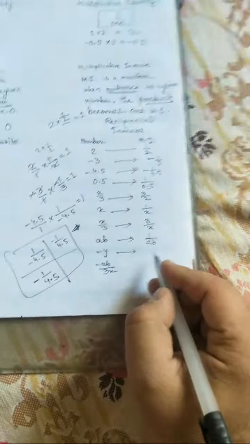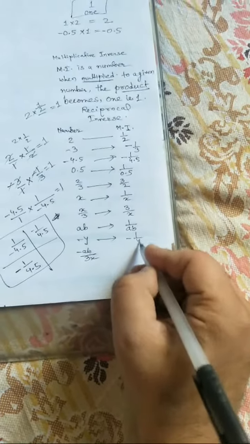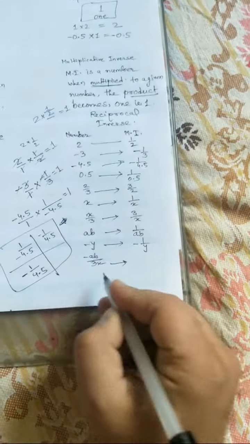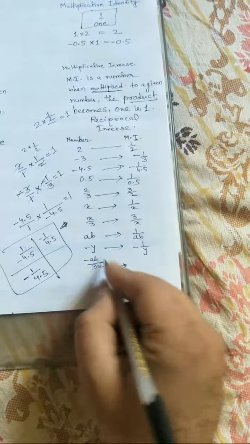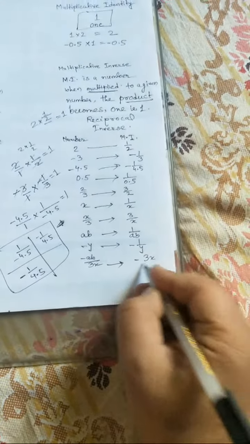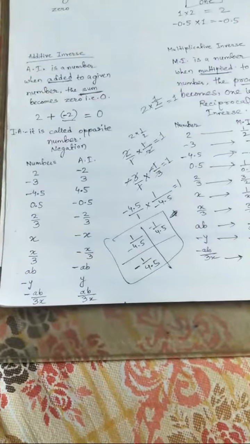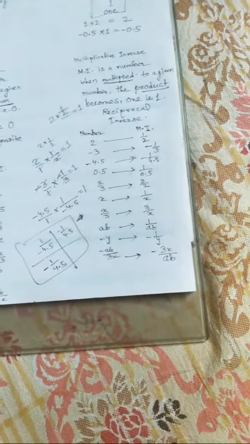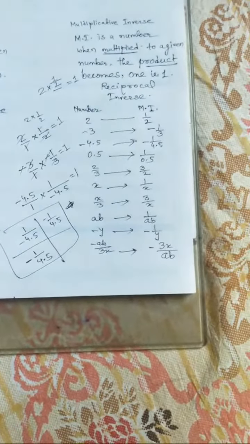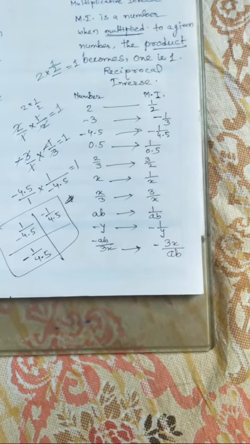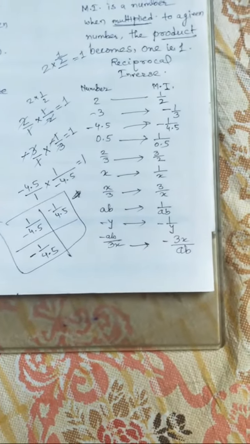The multiplicative inverse of minus y would be minus 1 by y, and the multiplicative inverse of the last number would be minus 3x by AB. So in additive inverse you change only the sign, the number remains the same. But in multiplicative inverse the sign remains the same, only the numerator becomes the denominator and the denominator becomes the numerator.